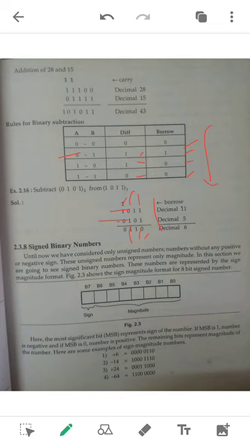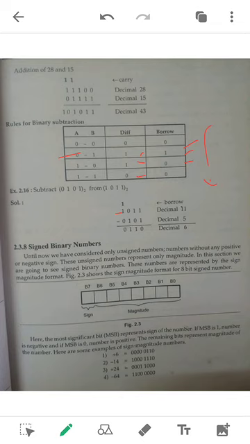Borrow is generated after 0 minus 1. So next, again here you can see, you have to perform this 1 minus 0.